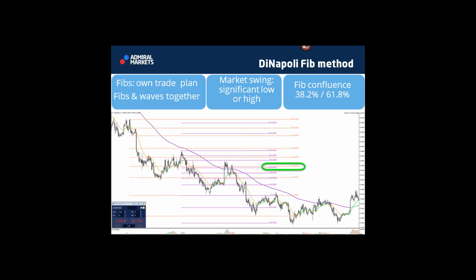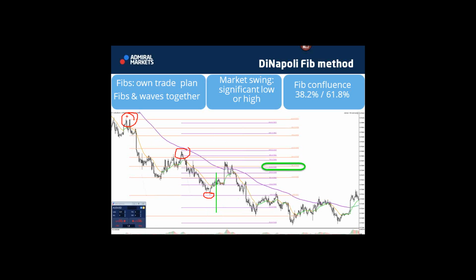So if we were at this point in the chart, he would be looking to fib down to this bottom. That would be the bottom he would be using, but he would be using different tops: a significant high close by and a significant high further away.